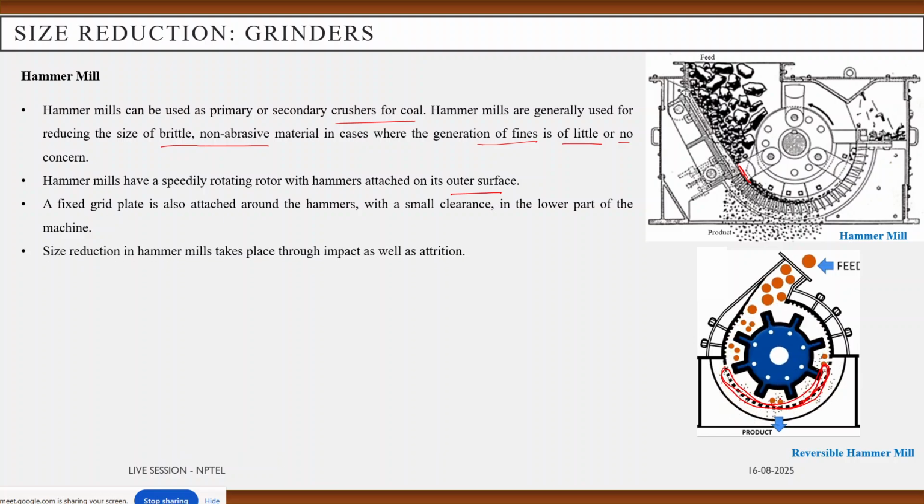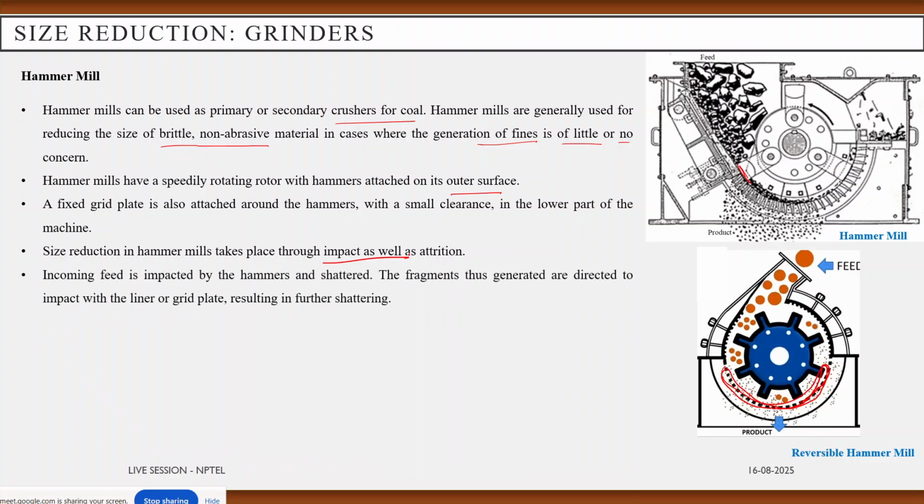Size reduction in the hammer mill takes place through impact force as well as attrition between the interparticles. So incoming feed is impacted by the hammers and they are shattered. Thus the fragments generated are directed to impact with liner or grit plate, resulting in further shattering.